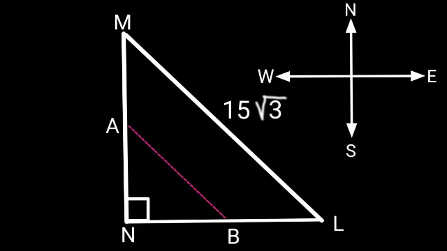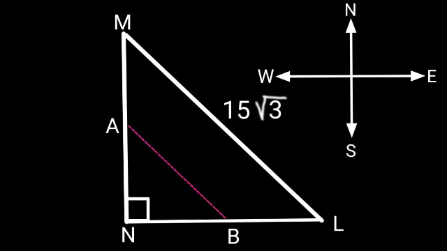Let us consider in 1 hour, Prasad is at point A and Pranali at point B. If we join this AB, NB is the distance covered in 1 hour and NA is also the distance covered by Prasad in 1 hour.